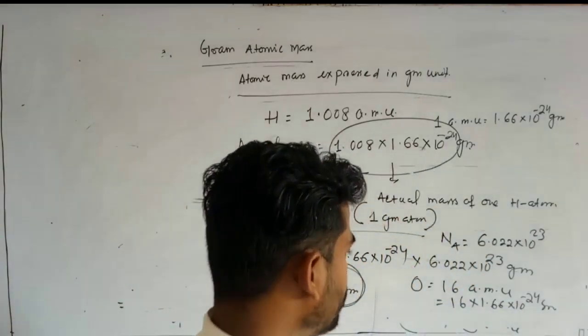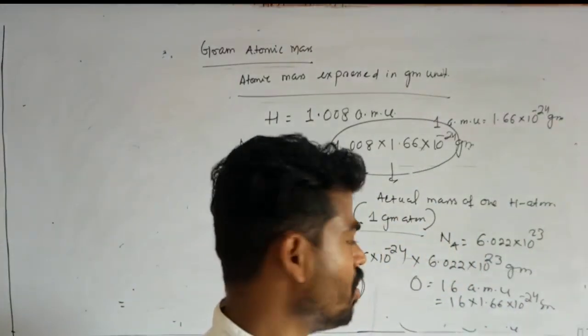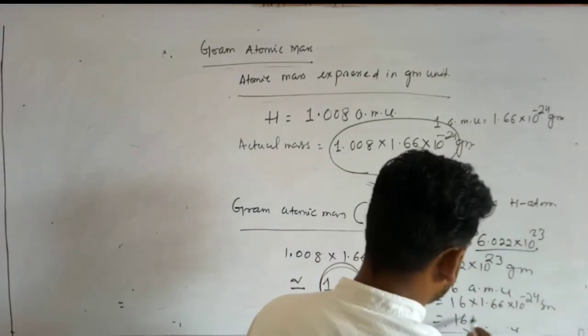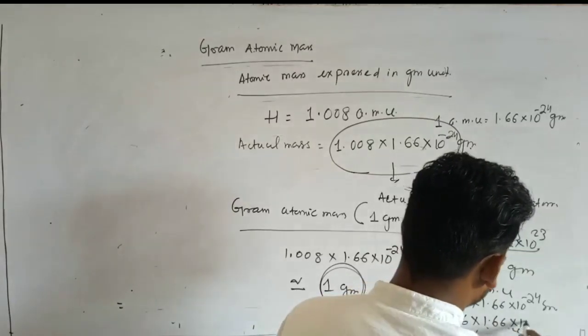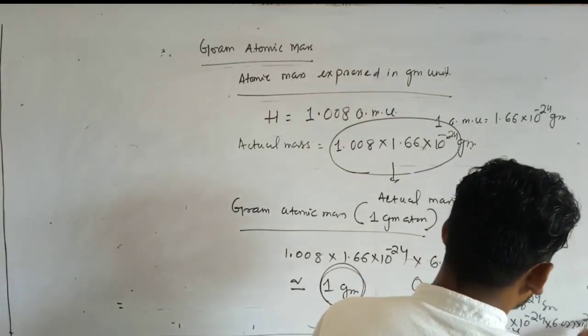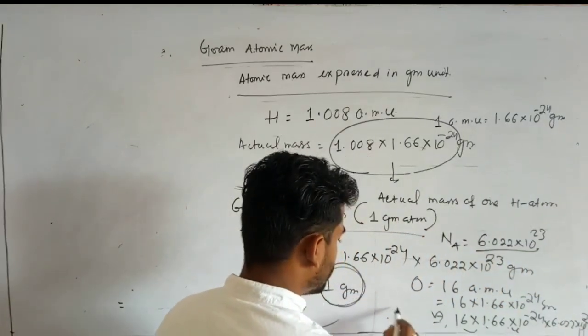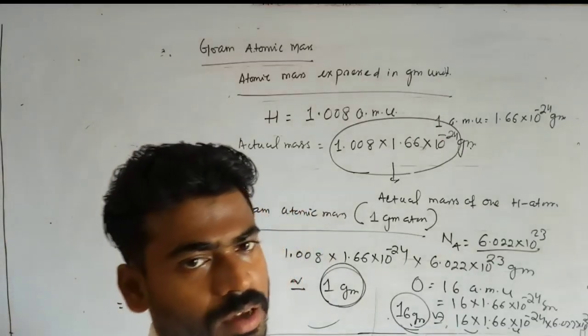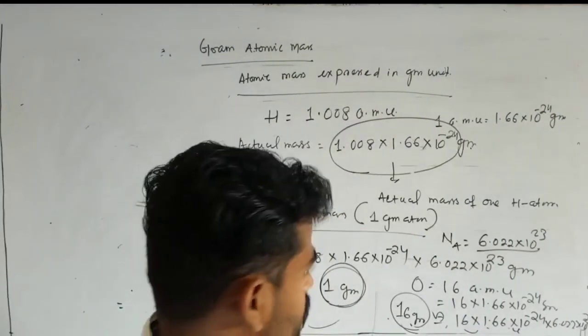Then if I ask you what is the mass of 1 gram atom of oxygen, or gram atomic mass, then you have to multiply this much. So 16 into 1.66 into 10 to the power minus 24 into 6.022 into 10 to the power 23. That will again come out to be 16 gram. This is the gram atomic mass. Okay, nice.